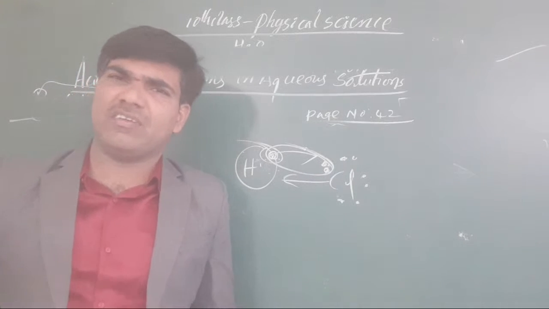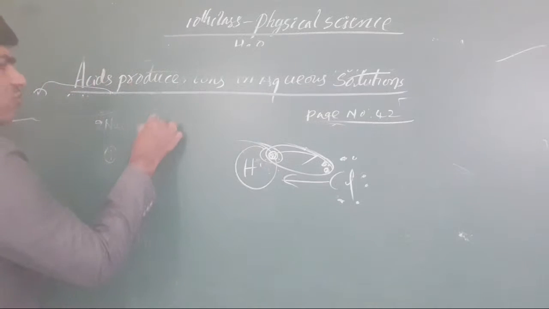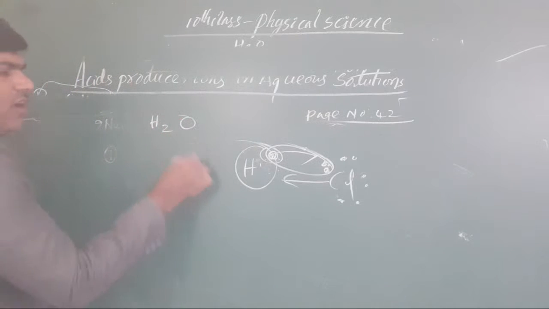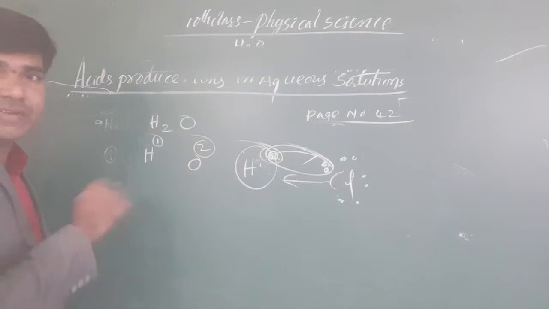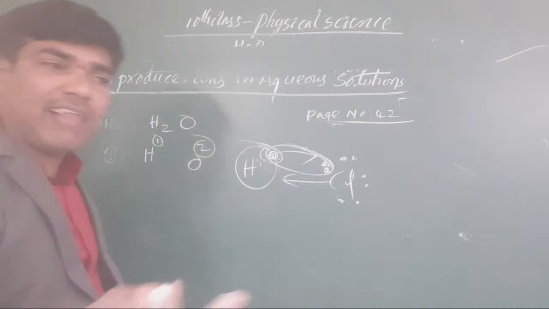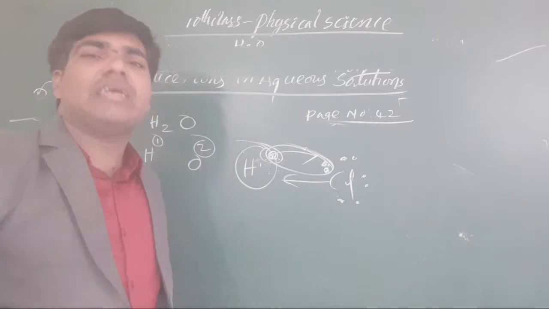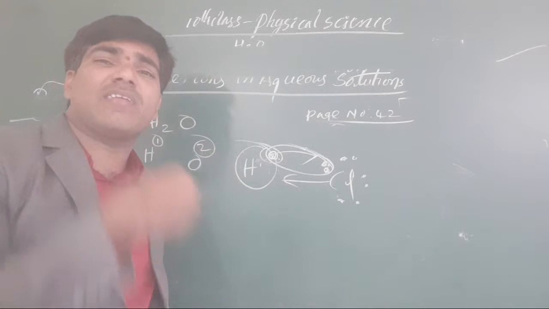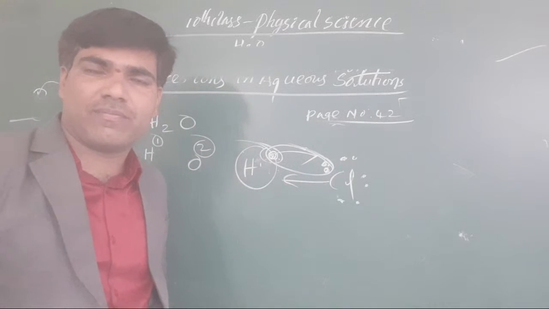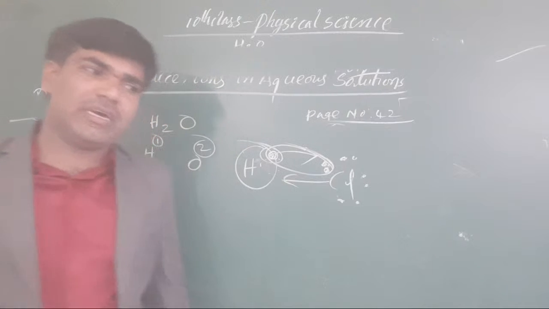Suppose you take oxygen in water also, H2O. Oxygen requires 2 electrons. Hydrogen requires 1 more electron. When an atom requires an electron, it receives the electron from another atom. Otherwise, it is ready to give the electron to the other atom. Once again, I am repeating it here.